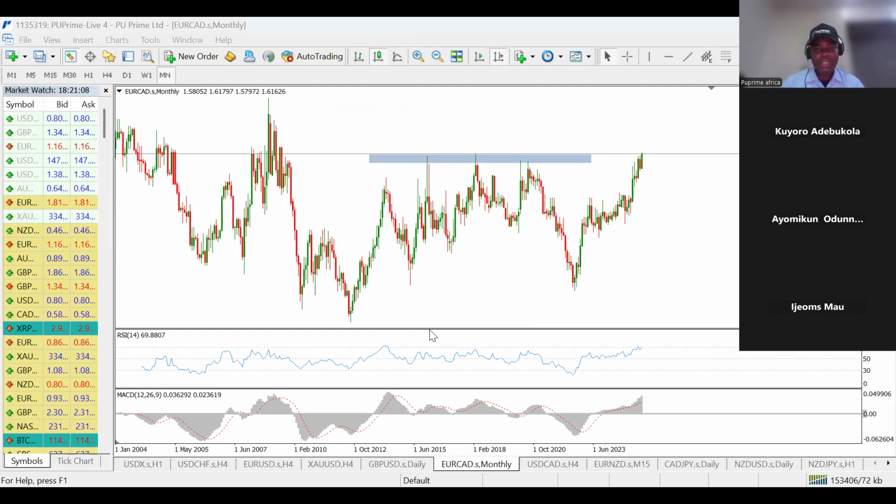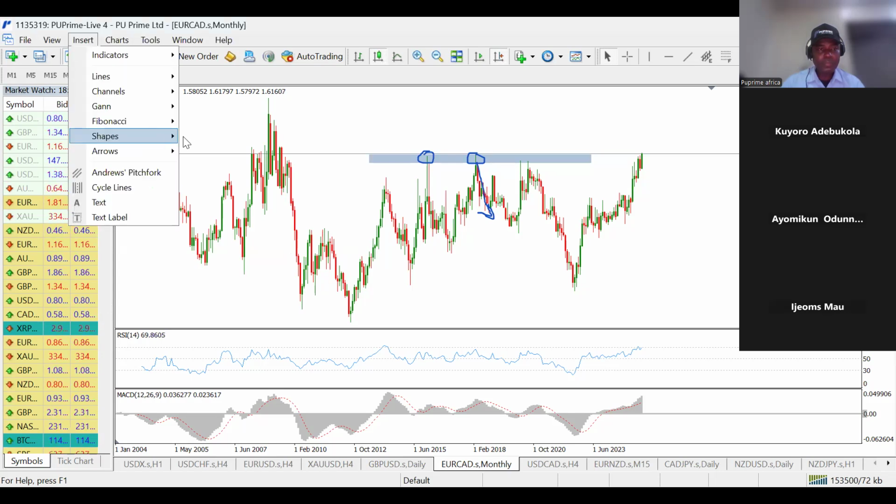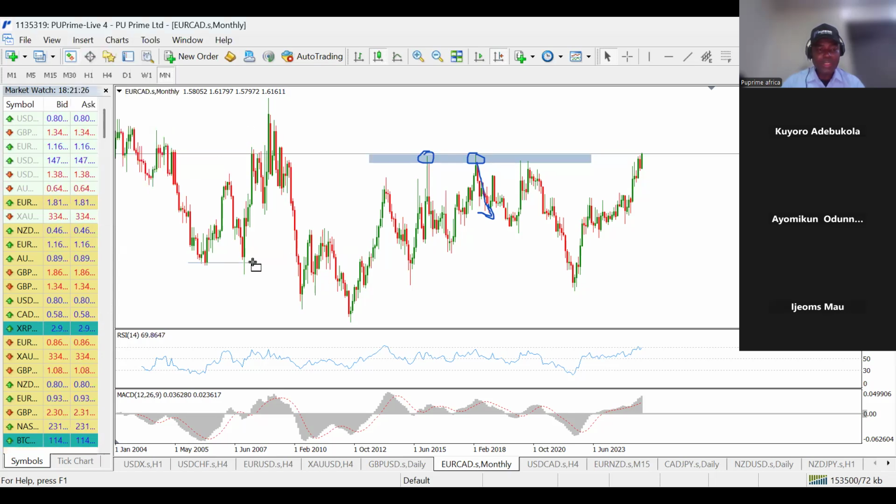It's just a rejection candle. So here we have this rejection candle hitting the resistance zone, and that led to a bearish movement. So a rejection candle is a candlestick with a long shadow and a small or very tiny body. You can see the support zone hitting the shadow of this candlestick, and bam, price pushed up.